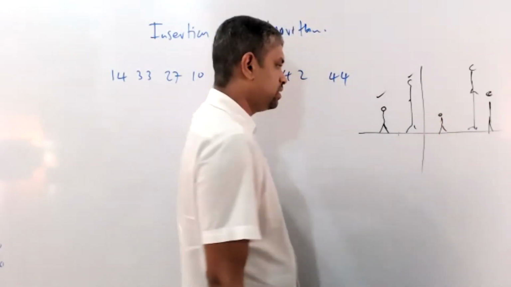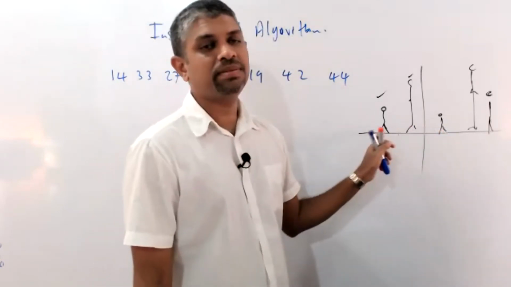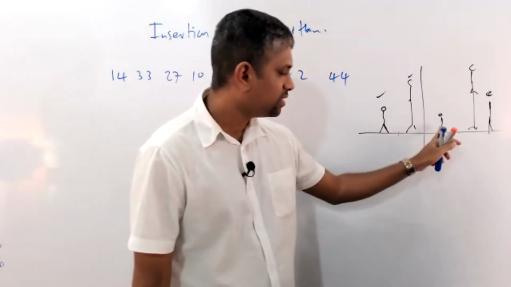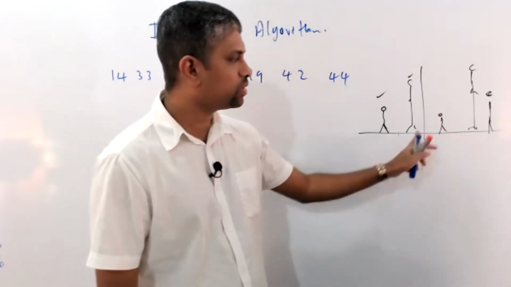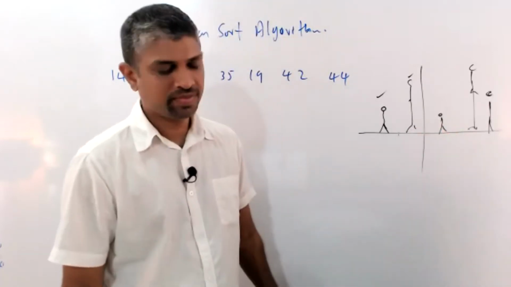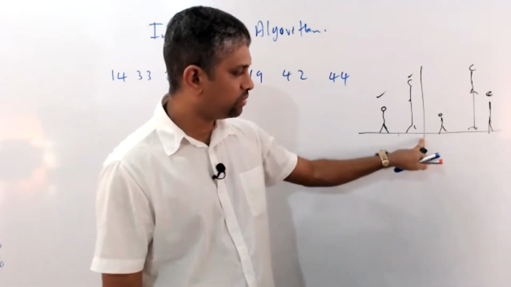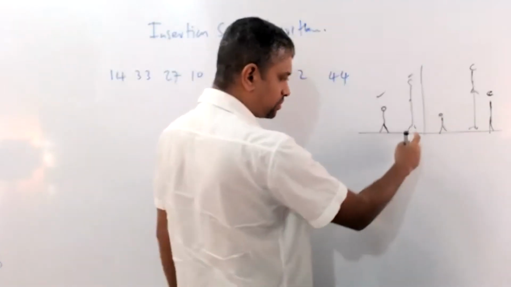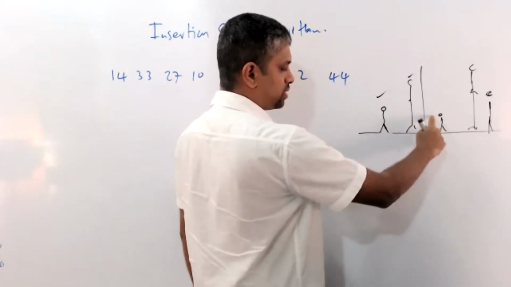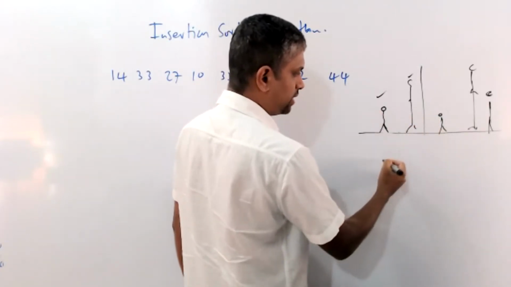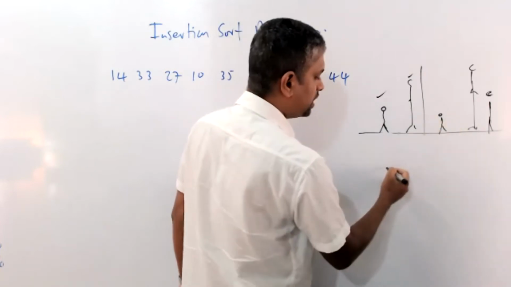Let's say this person. For this person, we are going to find the suitable location. What is the suitable position for this guy? Because this part is always sorted. So we will keep this guy as the first.